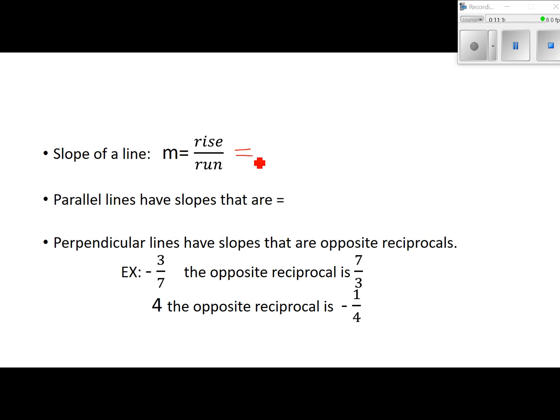You might want to write the actual formula for slope. Actual formula is y sub 2 minus y sub 1 over x sub 2 minus x sub 1. I hate that formula because people turn it around, get it turned around, and then that messes up how they graph stuff. Because the slope formula takes the y's first and then x's second.